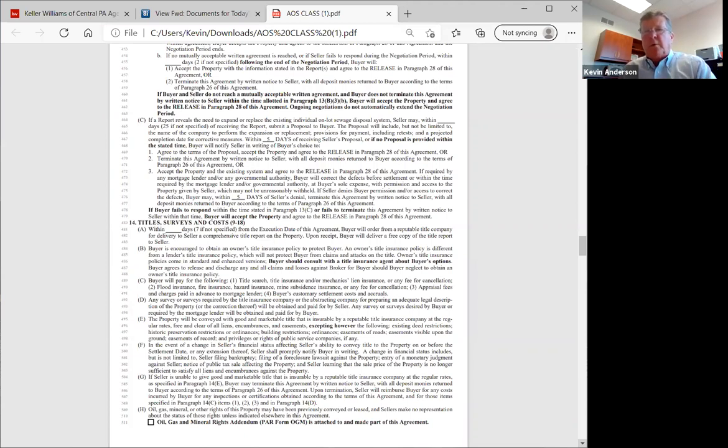And that proposal will include, but not be limited to, the name of the company and provisions for payment, including retests and a projected completion date for the corrective measures. And then within 5 days of receiving the seller's proposal, or if no proposal was given within that time, the buyer will notify seller of their intent to agree to that or void the contract. And then there's some more little timelines in there.